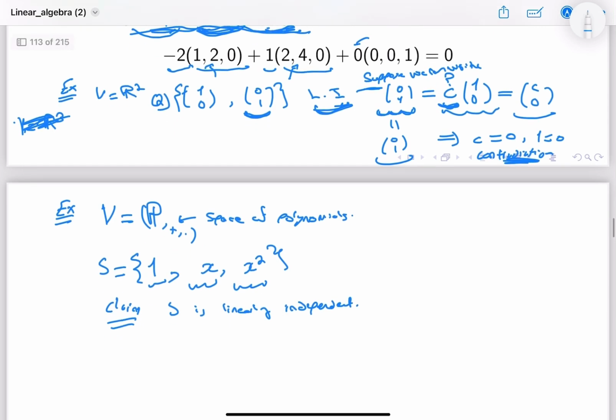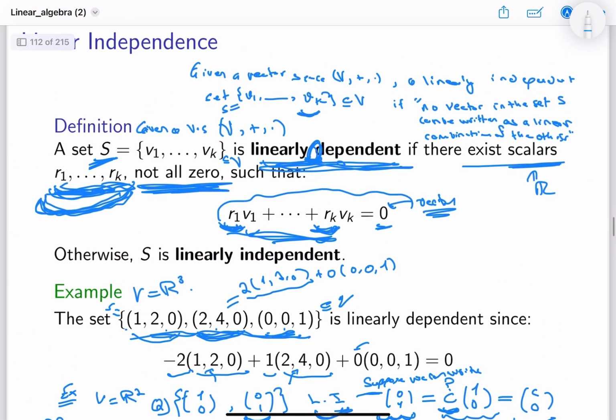So let us prove this. Here's a way of proving a set is linearly independent. Linear dependence means that you can find r1 through rk such that when you multiply the vectors by the r's and add them, you get 0, but not all of the r's are 0.